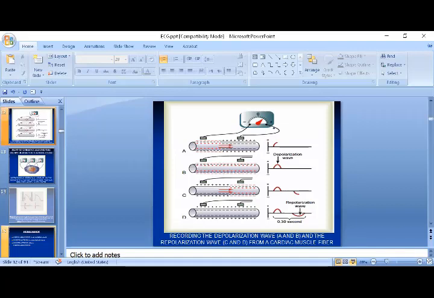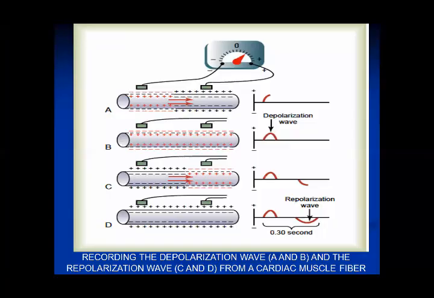I was just about to start explaining the B diagram. Let me just make it big. The B part of this diagram shows that the whole surface of the outside of the fiber is negative, right?